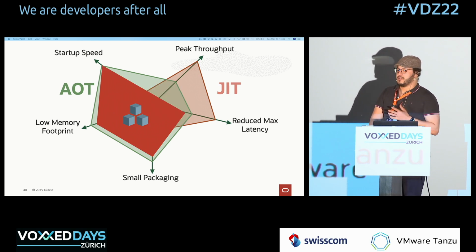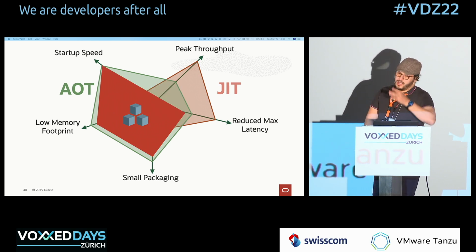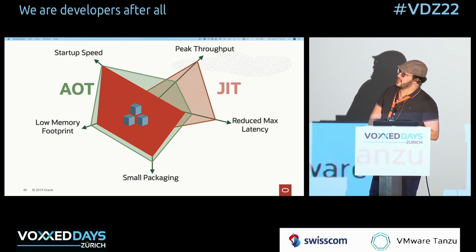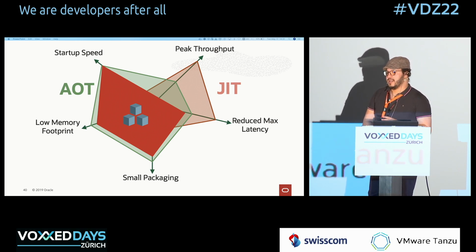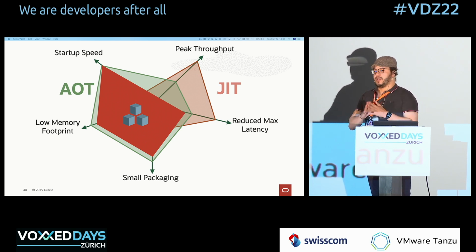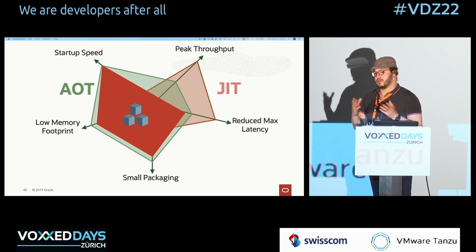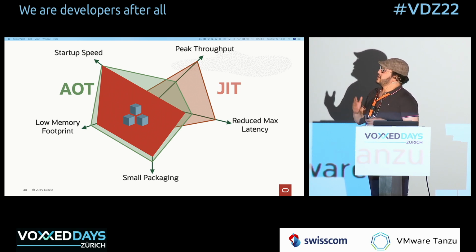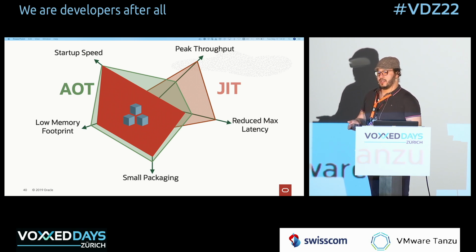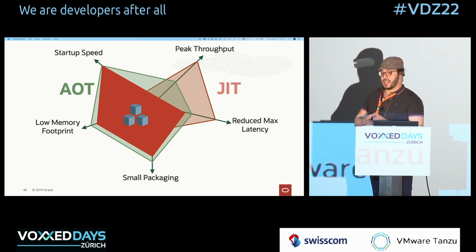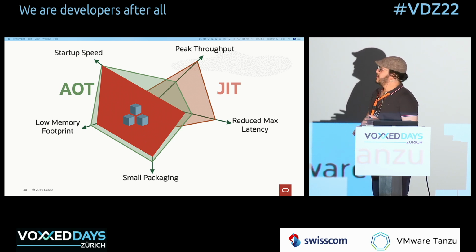For functions, absolutely, JVM mode does not work. It does not work, basically, if you do it yourself. Some cloud providers may provide you with something like a shared VM, where you can run your functions, which is already warmed up. But the best option for this will be to use native image, because the startup time is very minimal, the memory is small, and the packaging size is also small.